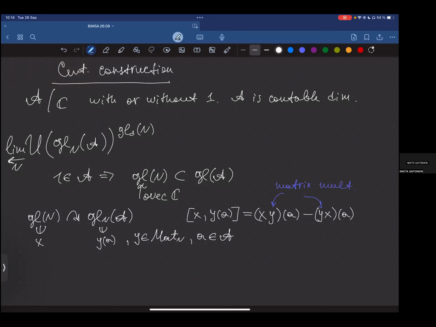But in fact, if A is not unital, then we can define the action of GL_N on this GL_N of A by the same formula.